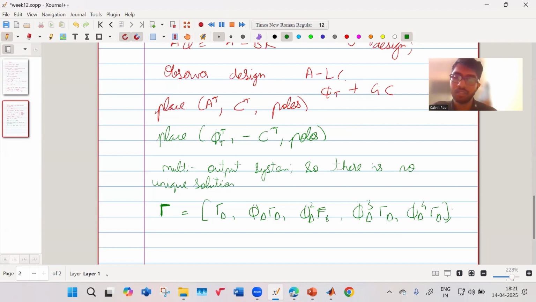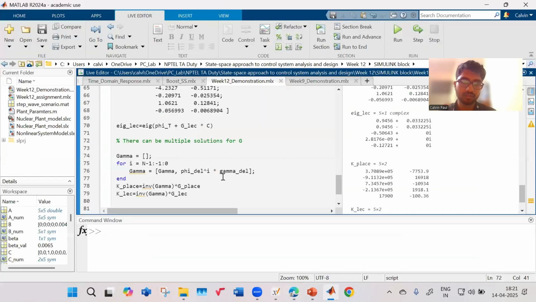So this is the gamma which we get, and our K is the inverse of this capital gamma times G, which I have shown.